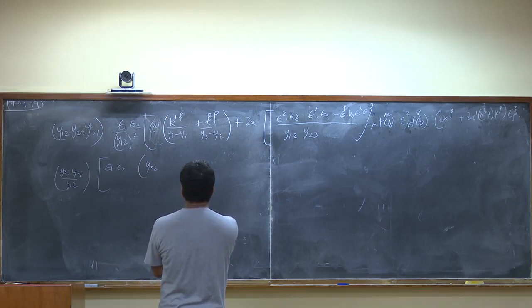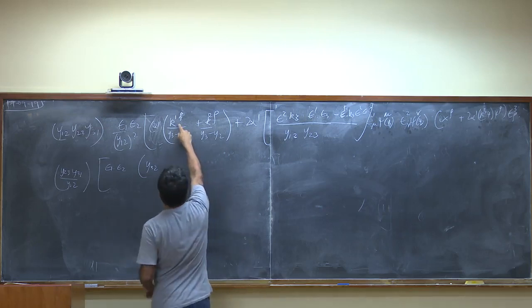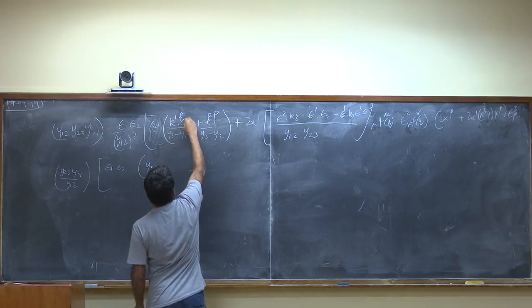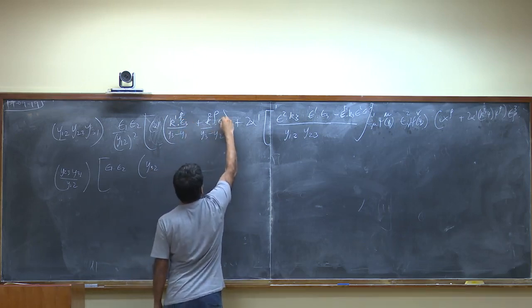Firstly, I missed some epsilons here. This was k1 dot epsilon 3, and this was k2 dot epsilon 3.